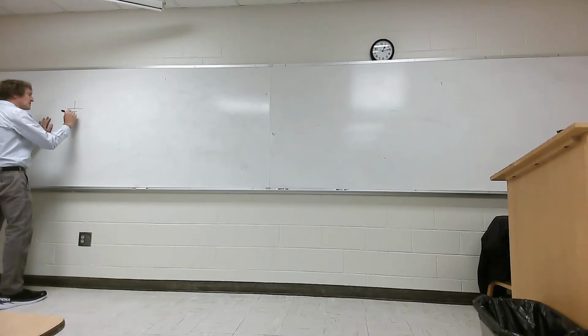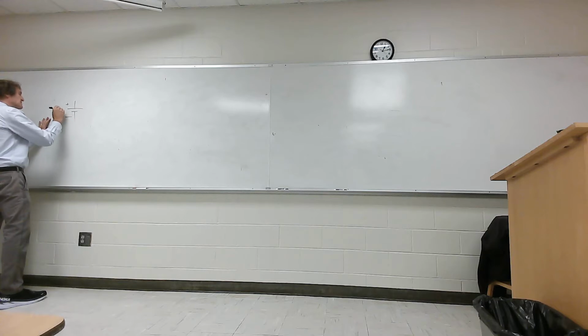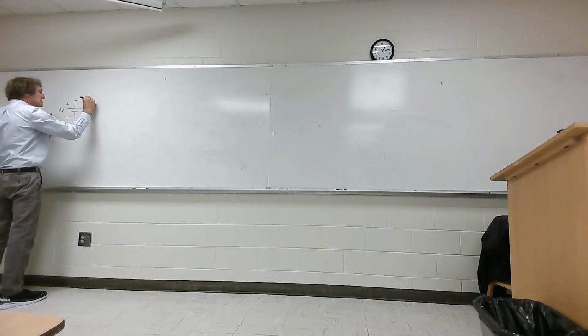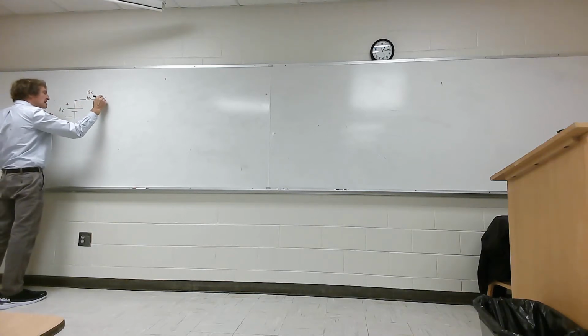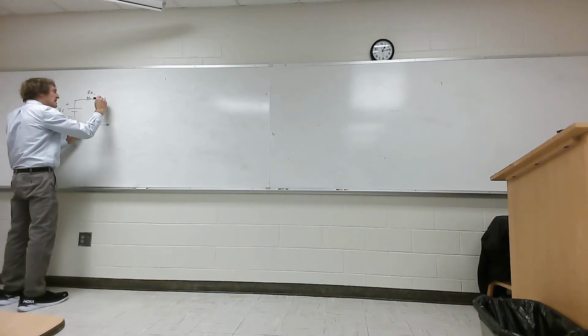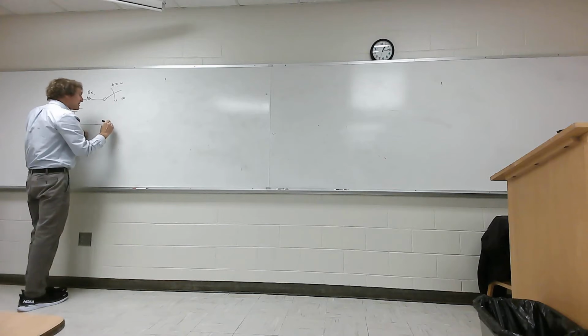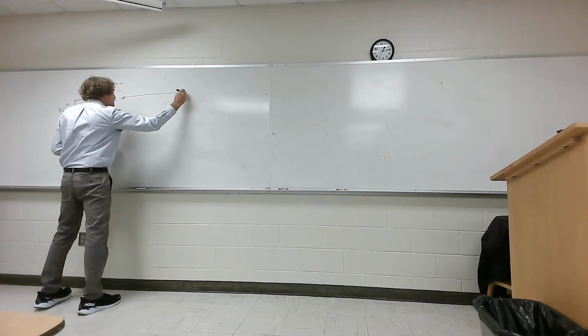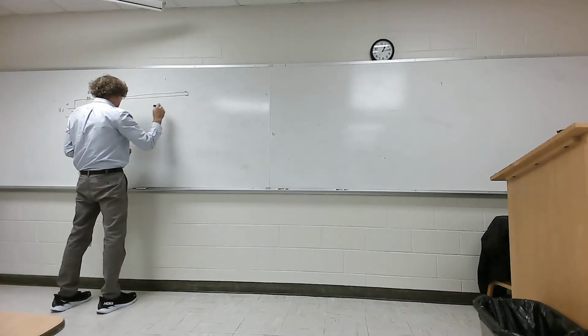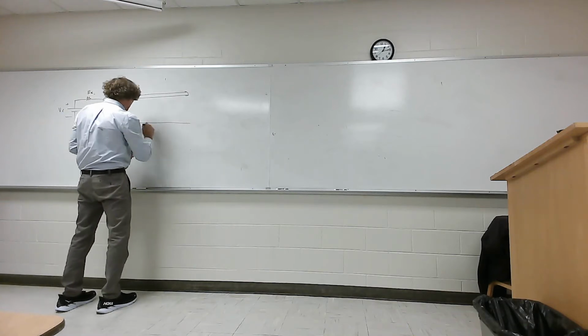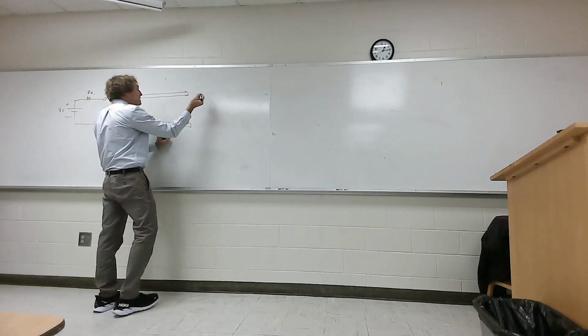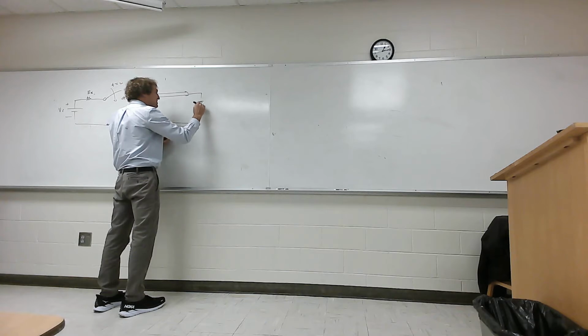So normally we assume we have some battery, VS, and we're going to have some resistance, RS here, and then we're going to have a switch that closes at t equals 0, and then we're going to have our transmission line here. And then you're going to have some load here.